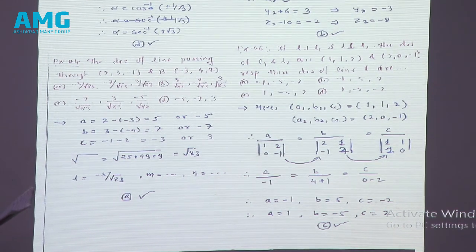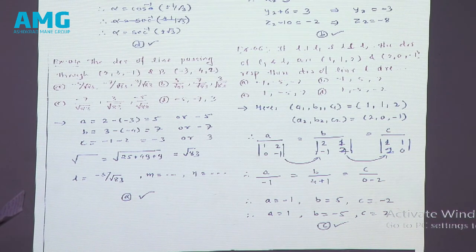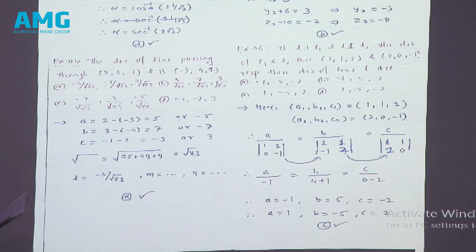You copy paste 2, minus 1 again, and b is present, use first column, that is 1, 2. Now 1, 2 is first column, and c is present, therefore you just skip the last coordinates and take the y coordinates, that is 1, 0 in the second column.